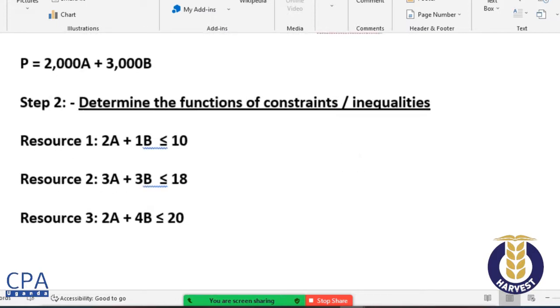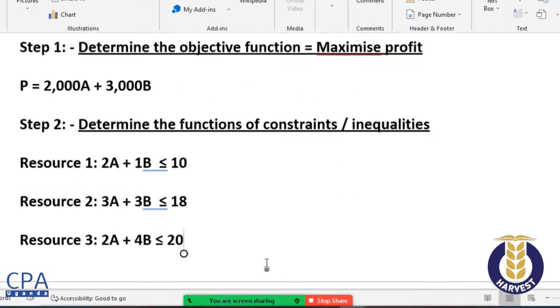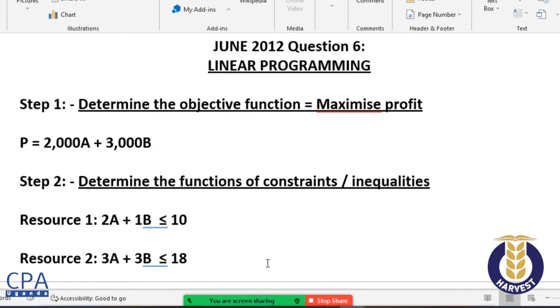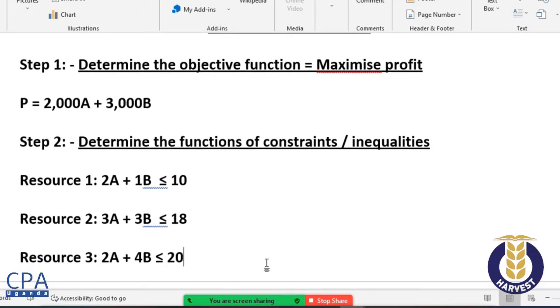Those are the scarce resources, and those are the functions of the constraints as per our step number 2.